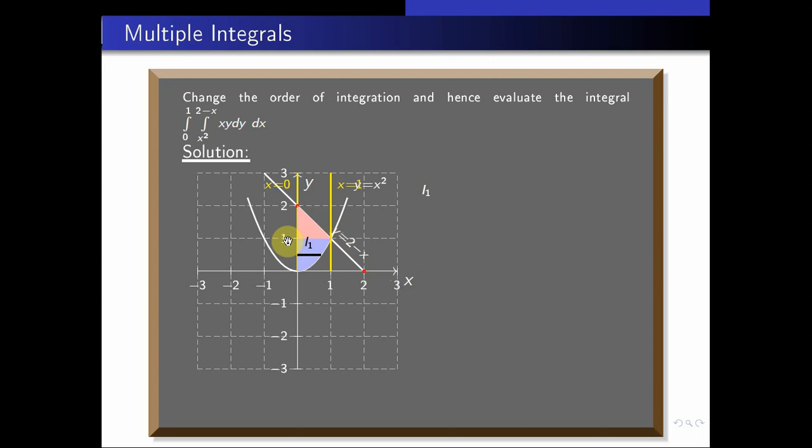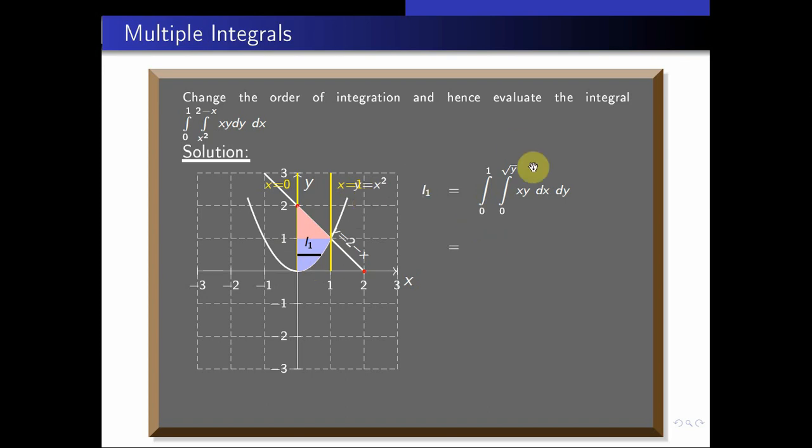So the outer limit, the y value, is integral 0 to 1. The inner limit is with respect to x: here x is equal to 0, and here x is equal to the value on this curve, that is x is equal to root y. So it is 0 to root y, the function xy dx dy.